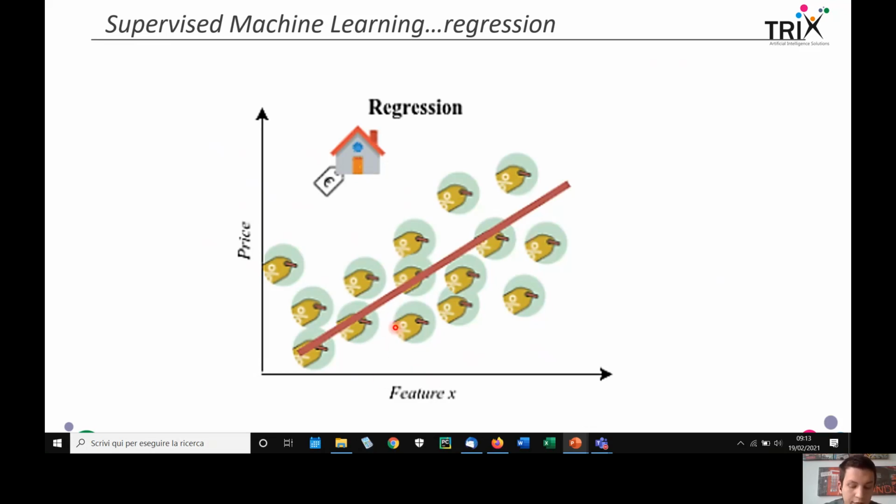The mathematical function derives from the training set. In this case, the system must indicate the price of the house as output, and as input, it has the surface or many other parameters of the house. So this is the function line. The new data is, for example, this, and the system has to predict the value of this point.